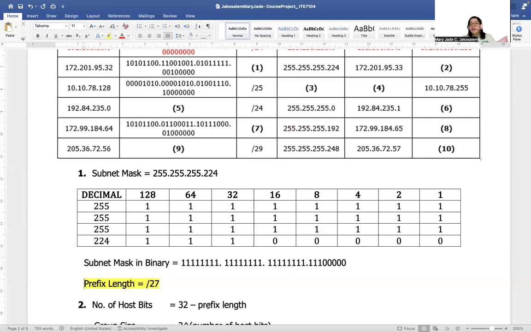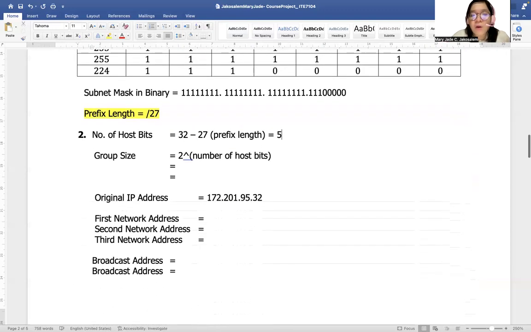Our prefix length is 27. Hence, 32 minus 27 is equal to 5. So our number of host bits is 5.